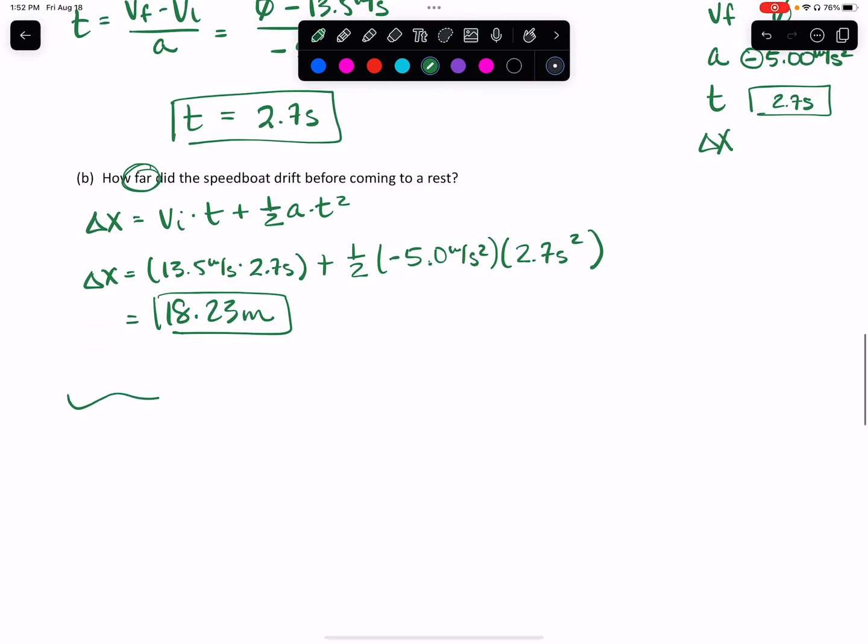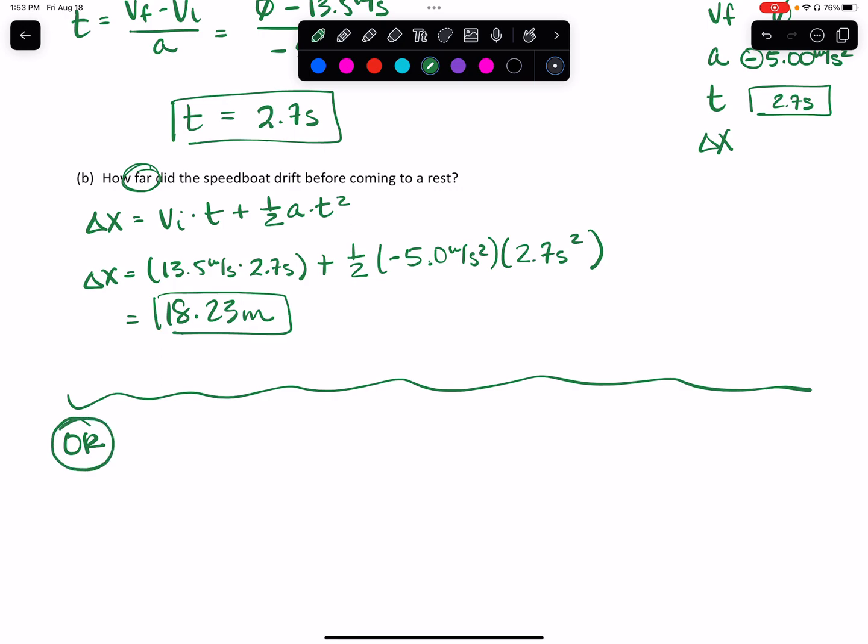All right, now there is another formula. This is not one that we tend to use in physics, but honors physics does use it sometimes, so I'm going to include it here. The other way to solve this problem is to use the formula v final squared equals v initial squared plus 2 times the acceleration times the change in position, the displacement.